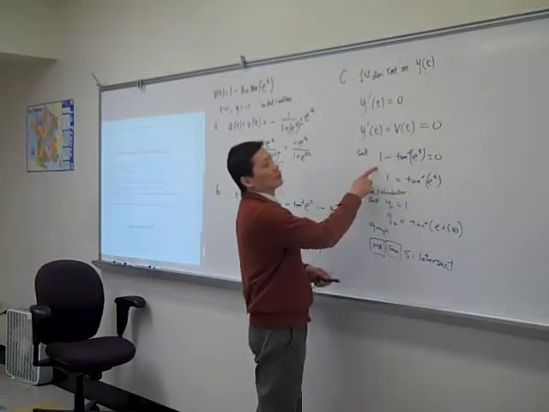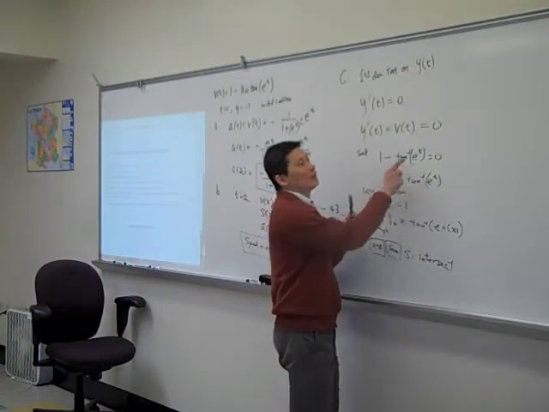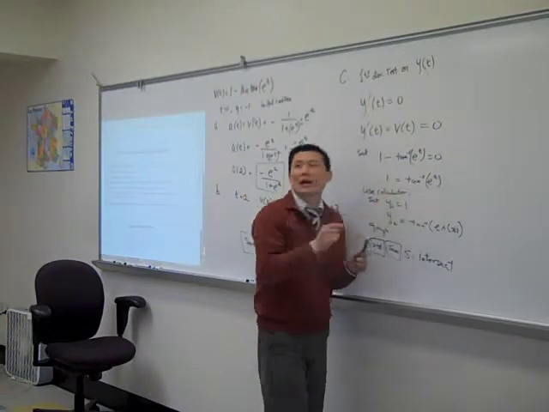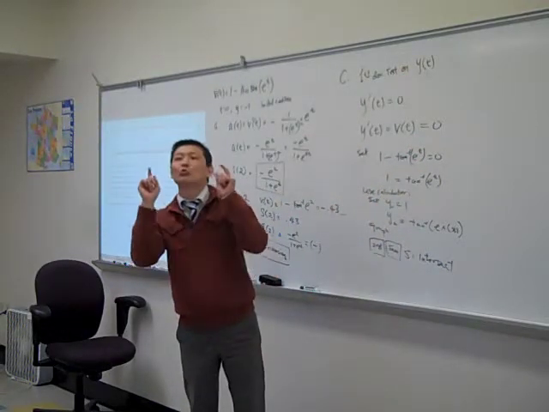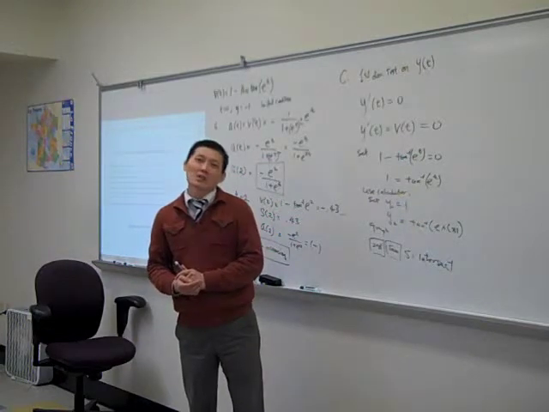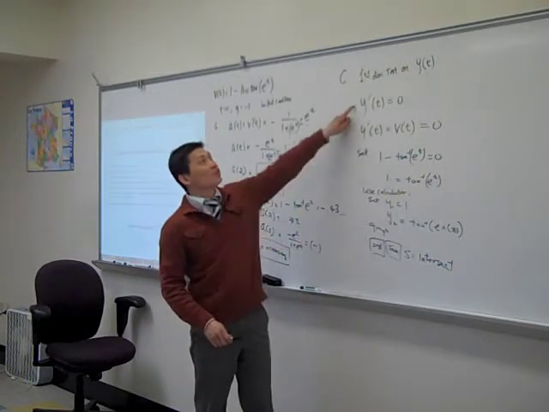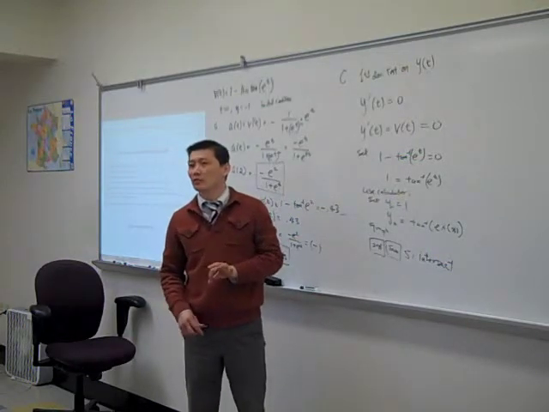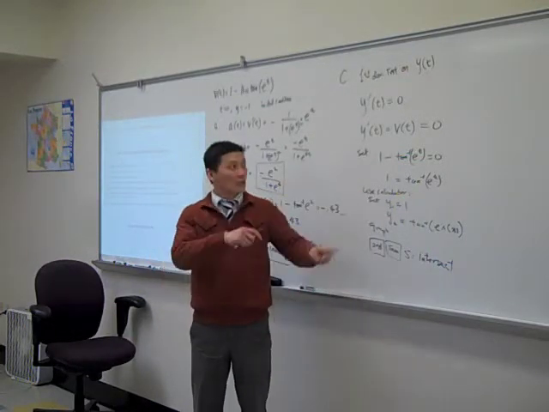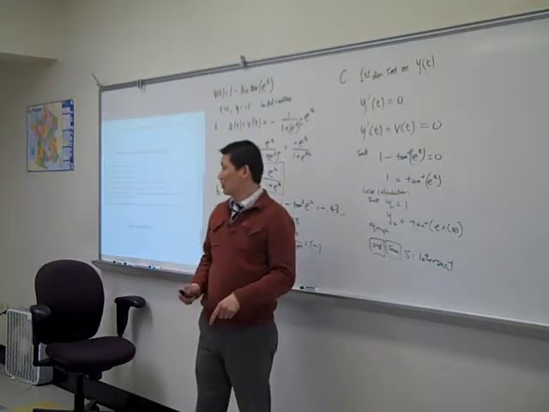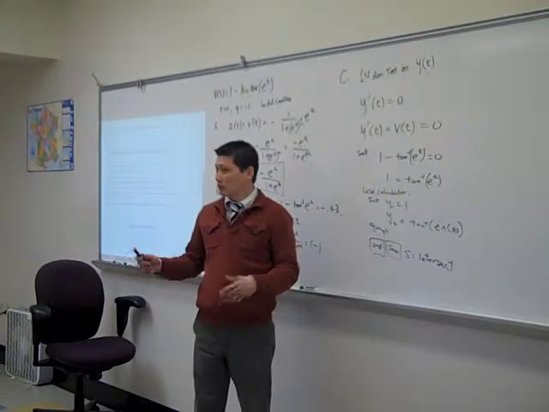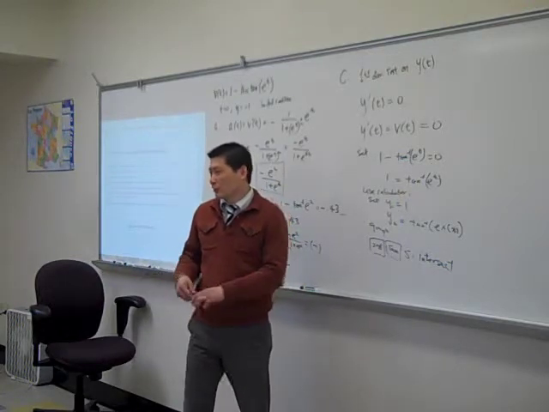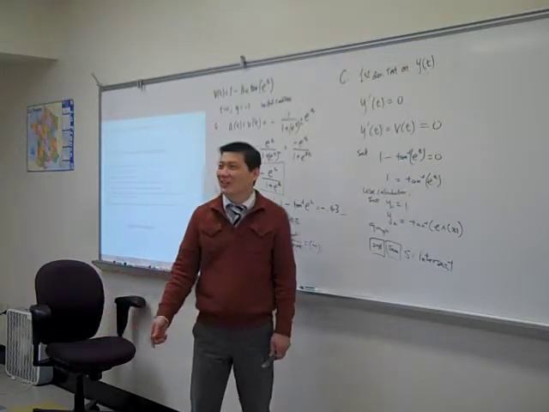This is for this: I'm trying to find out what t will make the velocity equal to 0. That gives me the critical point. I do not know yet whether that's a maximum or minimum, because I haven't done the first derivative test. I'm simply trying to find out that value. People think that a calculator problem is easier. No, I don't think so. It's just more work on the calculator.